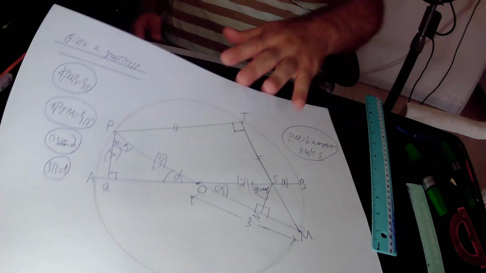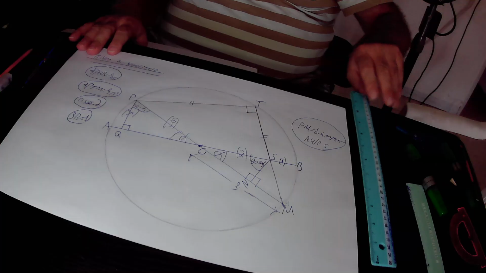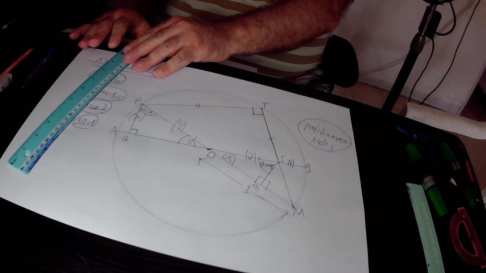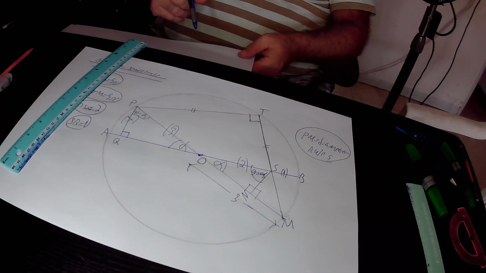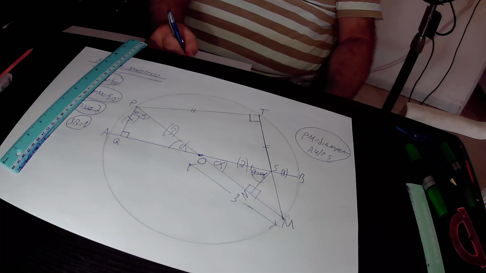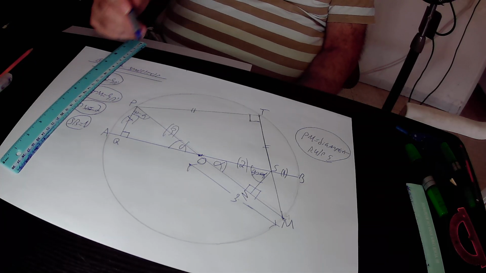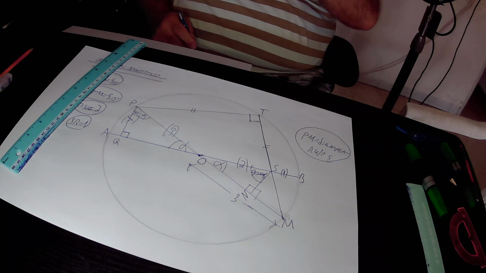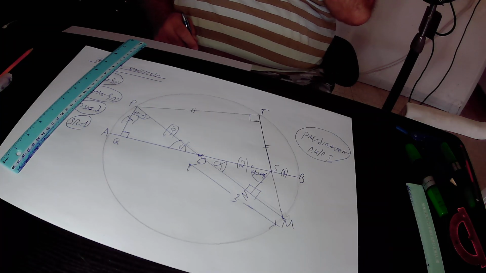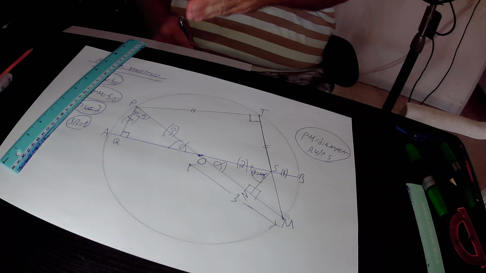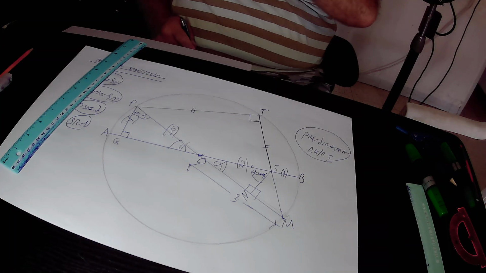NS is the missing side, so we leave it as it is. PQ is the line segment that we are looking for in this question, and it is equal to x. So actually, we have to find out the value of x.